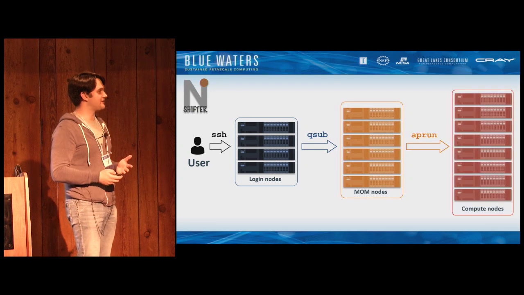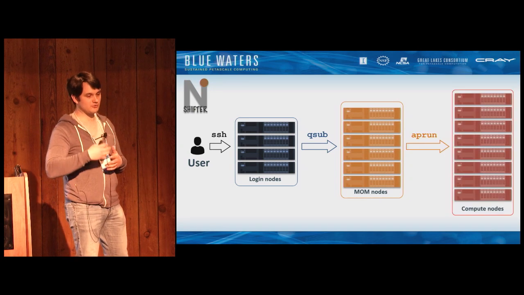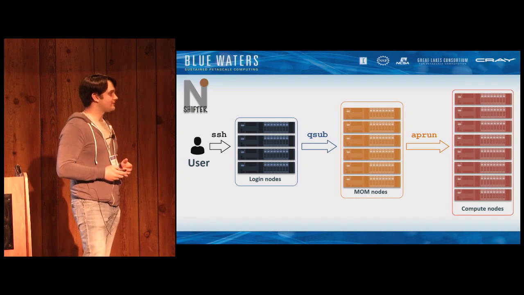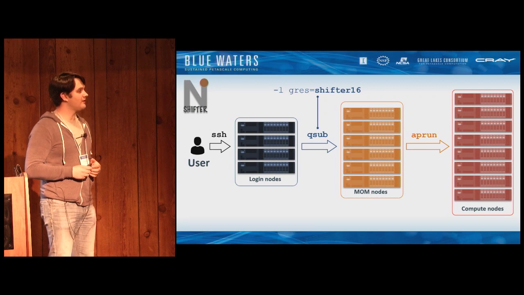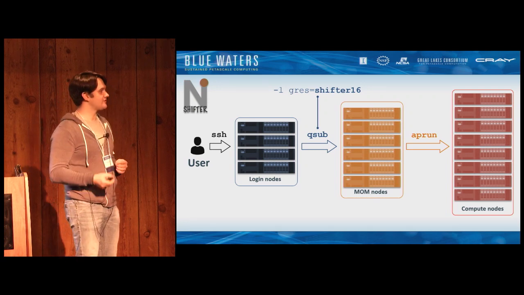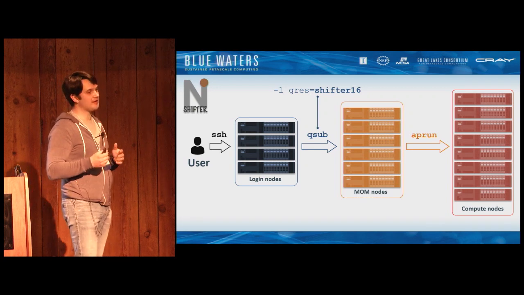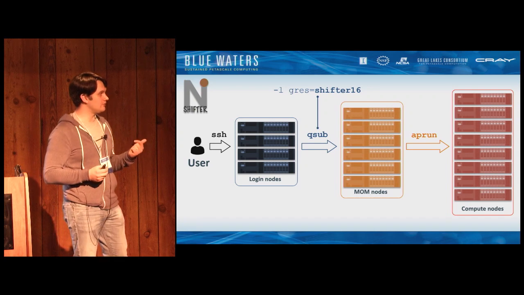And later on, we use ap-run, and finally our job lands on compute nodes. You can use Shifter when you submit a job. You cannot interact with Shifter on a login node.